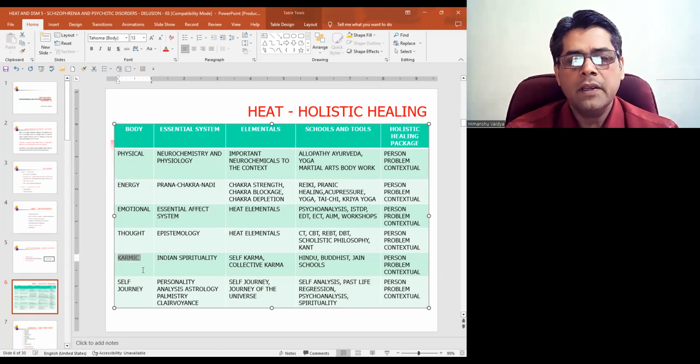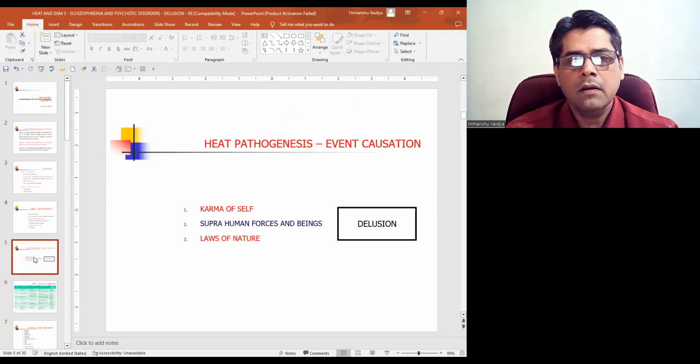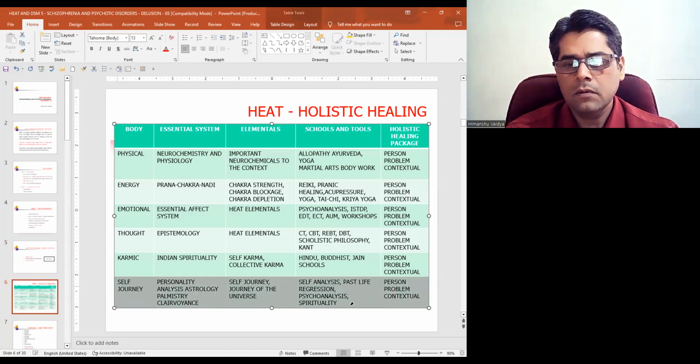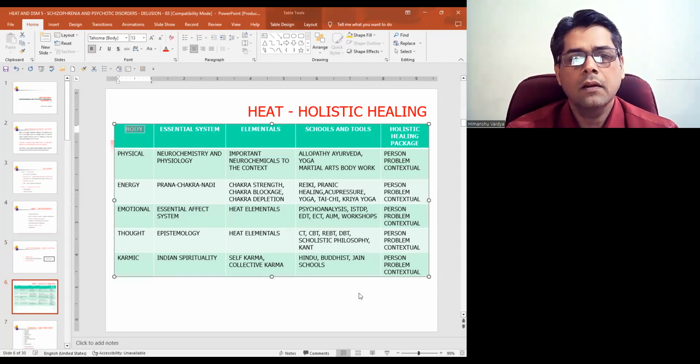The rest of the bodies will be important. If you feel, you can remove this part also. So these are the bodies where the foundation is in the karmic body.